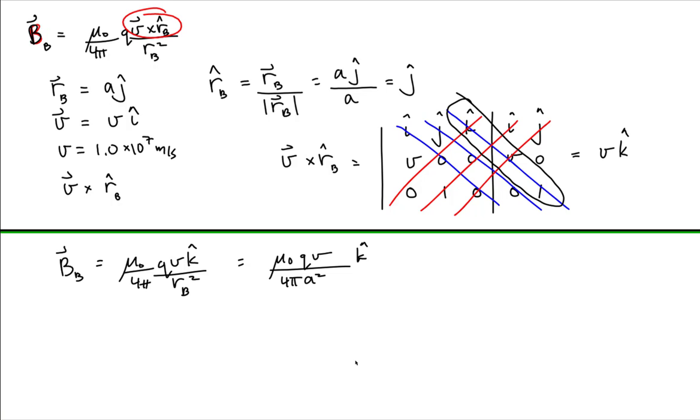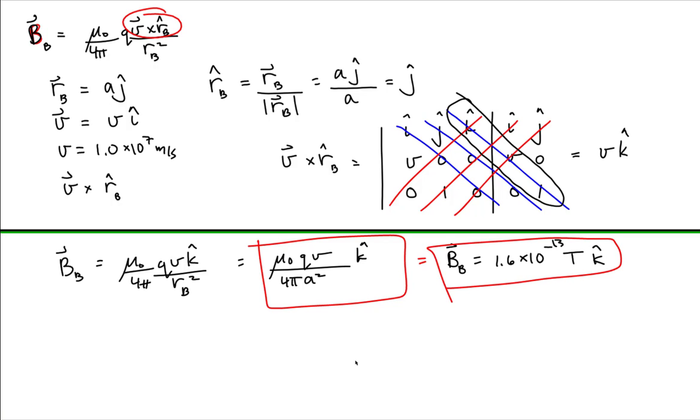And if you remember, this is exactly what we got before. The exact same expression means that the magnetic field at point B is equal to 1.6 times 10 to the minus 13 Teslas in the positive z direction.